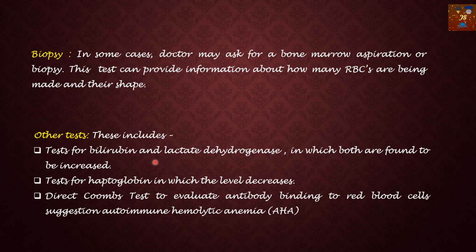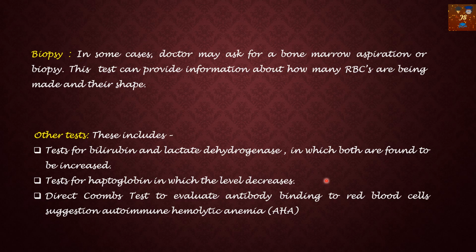Other tests include tests for bilirubin and lactate dehydrogenase. This is very important, in which both are found to be increased. Then the test for haptoglobin, in which the level decreases. Actually, what happens? Lactate dehydrogenase and hemoglobin, these two are released into the circulation when red blood cells are destroyed.